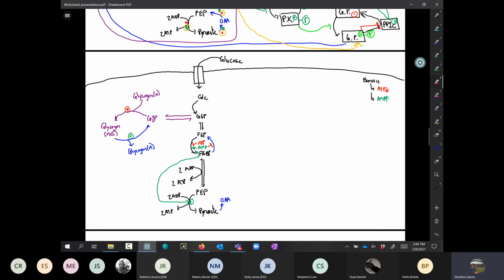So what's going to do that? Well, there's quite a bit of things. Let's look at this. When you exercise, epinephrine is going to be released. Let's use a different color.